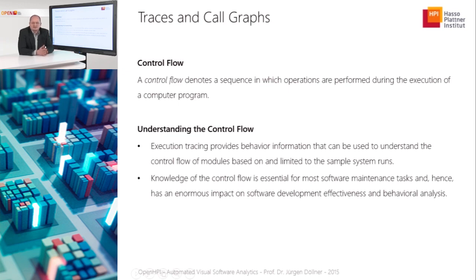So a good choice of test cases is very important. The knowledge of the control flow is essential for most software maintenance tasks and hence has an enormous impact on software development effectiveness and behavioral analysis. Especially for software maintenance, understanding control flows is essential because this is a key part in program comprehension.